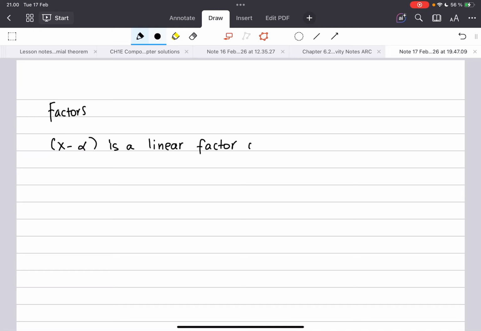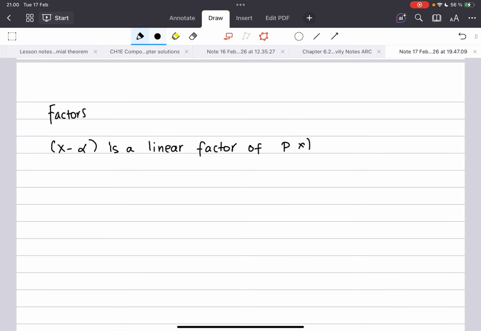Is a linear factor of p of x. If x minus a is a linear factor of p of x, we could write p of x as a product of this factor times another polynomial. So it could be expressed this way. And I'll give you an example.